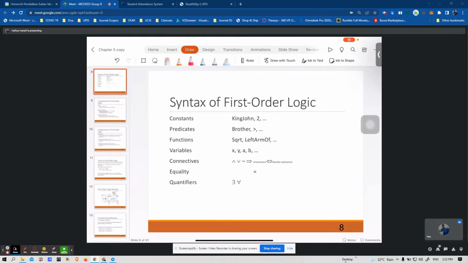Okay, this one is the syntax of first order logic. We have constants, predicates, functions, variables, connectives, equality, and then we have quantifiers.